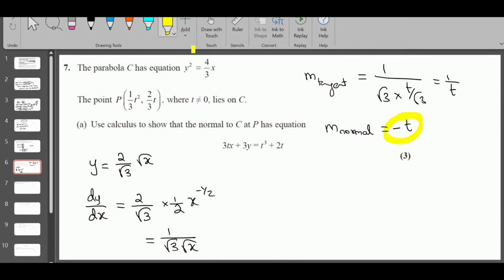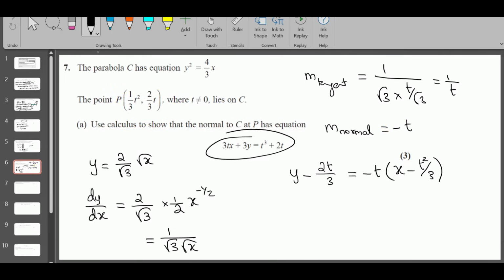So you have a slope, you have a point, you can take the point as x1, y1 and write the equation y minus y1, 2t over 3, is equal to slope times x minus x1. Now we need to write the equation in this format. Multiply through by 3, you will get 3y minus 2t is equal to minus 3t times x minus t cubed over 3.